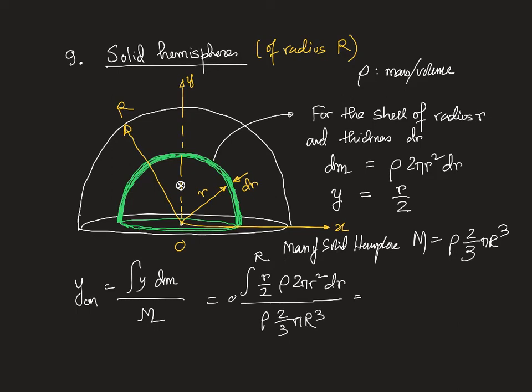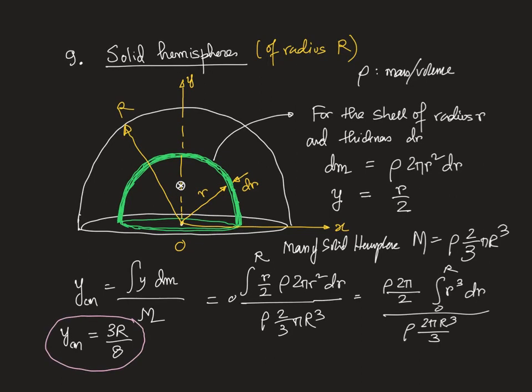So here you have pi, so rho 2 pi divided by 2 integral of r cube dr from 0 to R, divided by rho into 2 pi r cube by 3. So there you get YCM equal to 3R by 8. So if you calculate, you will get 3R by 8.